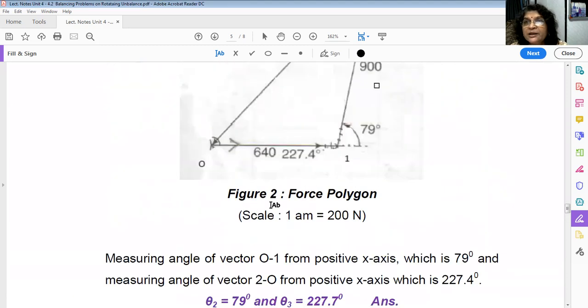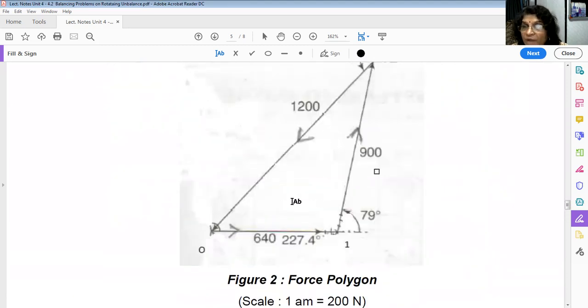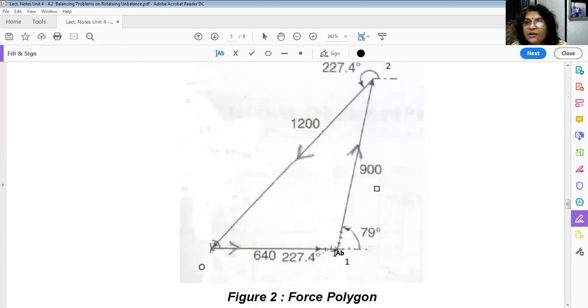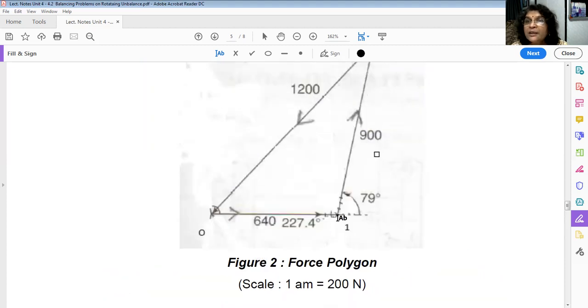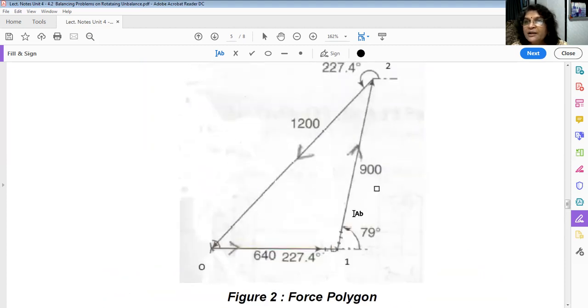Now see, the interesting point is that there is no one answer. Depending on which side you are balancing, you can draw this vector on this side also. So there will be one more solution, or here, instead of 900, you can take in your compass 1200 distance here and 900 here.